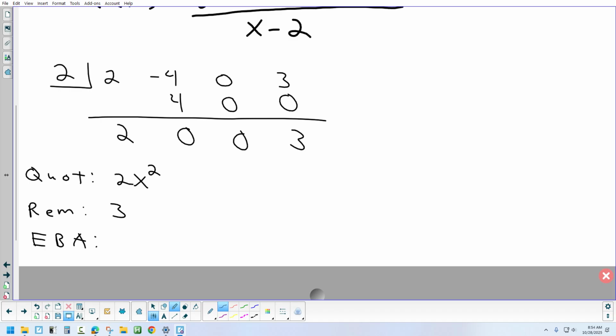So that would be, again, if you wanted to write the answer in polynomial form, the long division problem, or synthetic division. But here, they're just asking for one specific piece of that, just the EBA. Would it just be x minus 2? No, not x minus 2. That's my original denominator. What's my EBA? It's just 2x squared. Yeah.